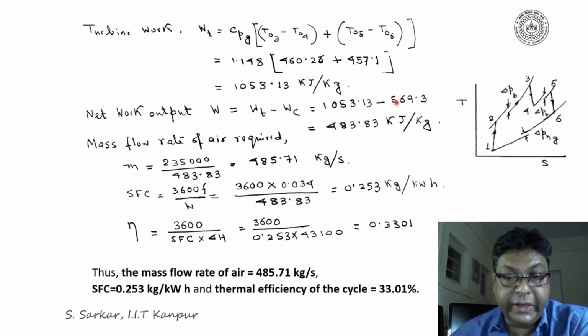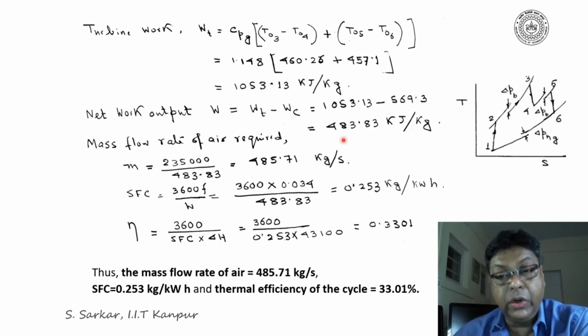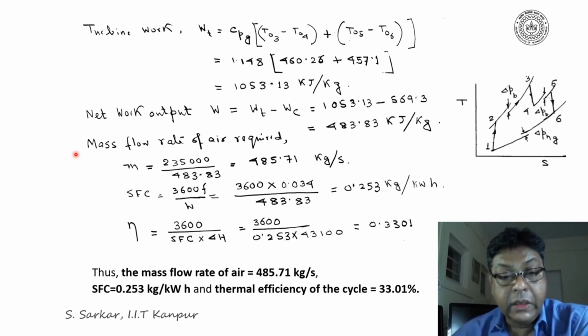Now the net work output would be W is equal to WT minus WC. I have already calculated the value of WC. Then W I can get as 483.83 kilojoule per kg. That means this is the specific work output of the cycle. Thus now I can find out the mass flow rate of air required. If it is M, then M would be equal to power developed divided by specific work output.